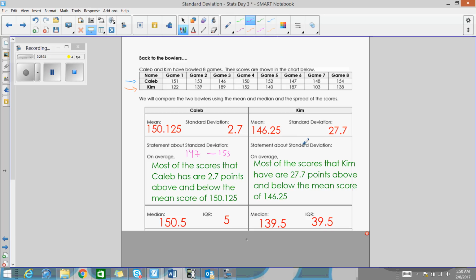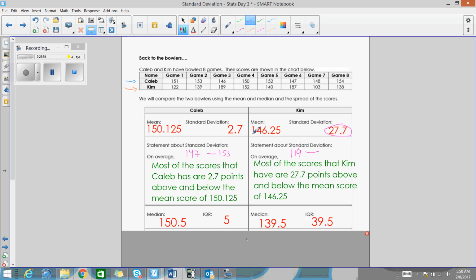Whereas Kim's mean is 146, which is fine. It's lower than Caleb's average, but the standard deviation is 27.7, meaning that Kim's majority of scores will fall between, if you subtract 27 from 146, about 119 on the low end.